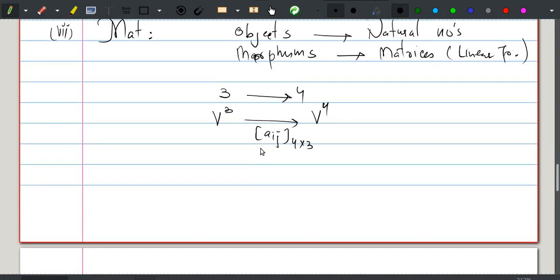Now there are other examples of categories. For example, let us make this category a separate example.